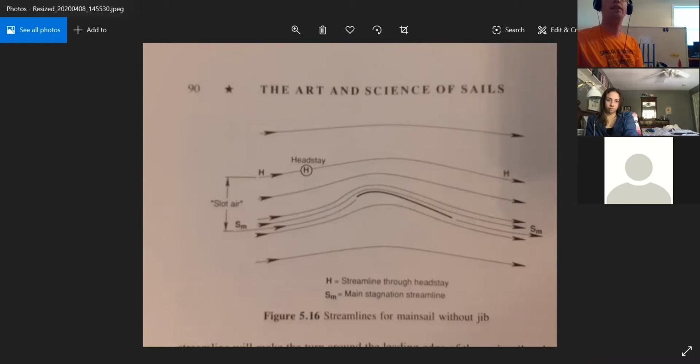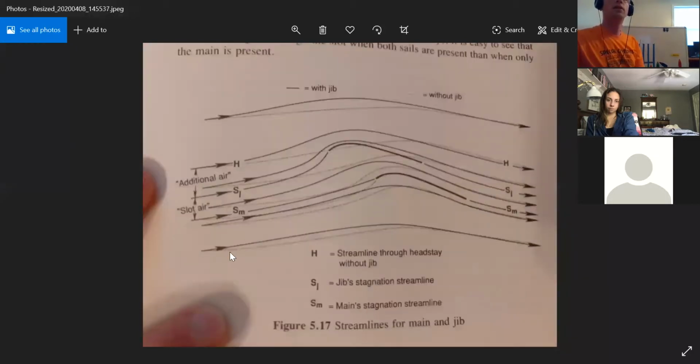When we add in the jib, boom, right here. Now we've got the streamline going straight to the front of the mainsail, and the jib, this guy, was the line that went to the forestay before, right? It's moving further up, closer to the front of the jib.